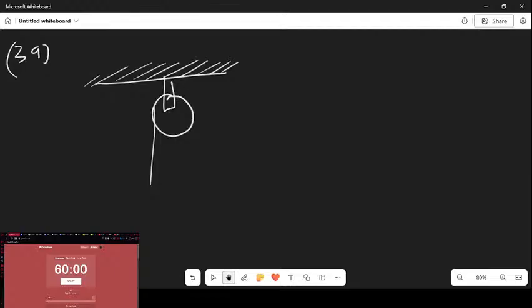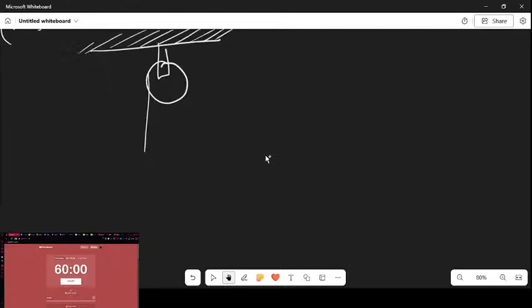So yeah, next question we're supposed to solve is 39. Alright, 39. The figure shows a man of mass 60 kg.